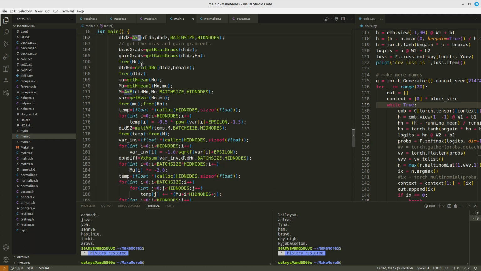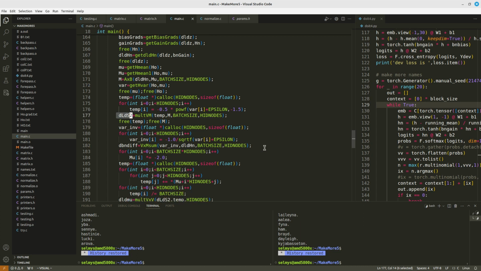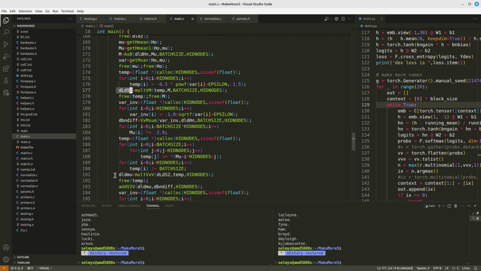I have to calculate the loss with respect to the variance, and I need to calculate the loss with respect to the mean. So I go through all kinds of crazy twists and turns, almost like a pretzel, I guess.